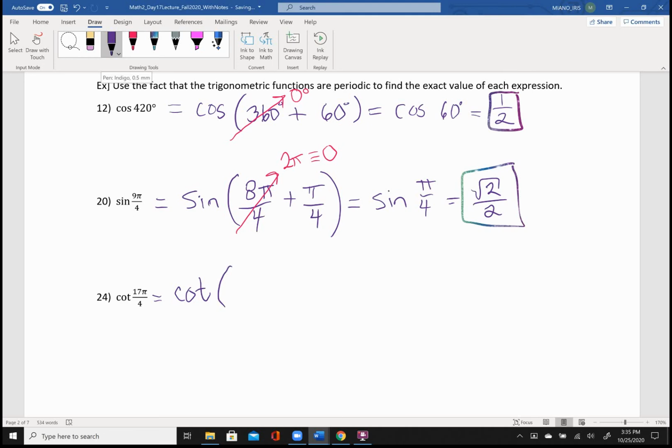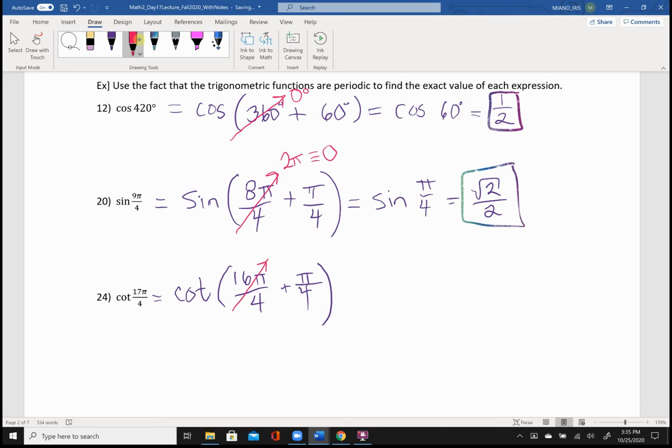So the largest multiple of 4 that I could see being separated out from that 17 would be 16 pi over 4. So if I have 16 pi over 4, and I add another pi over 4 to it. Cool. Then what does this simplify down to?